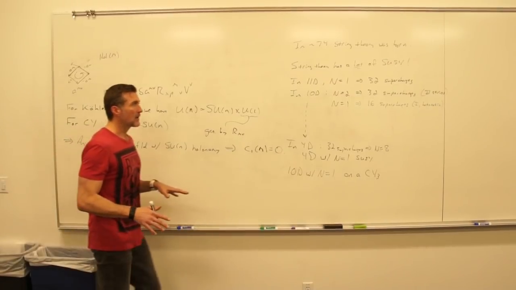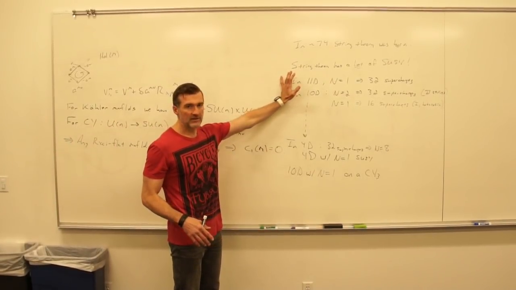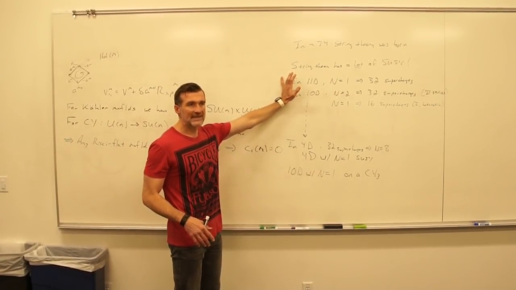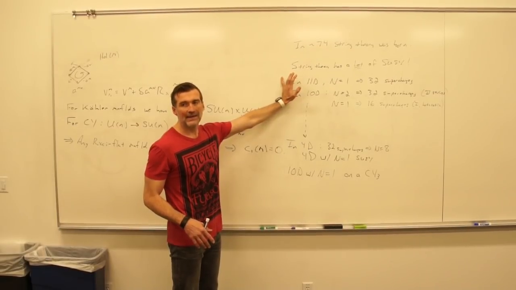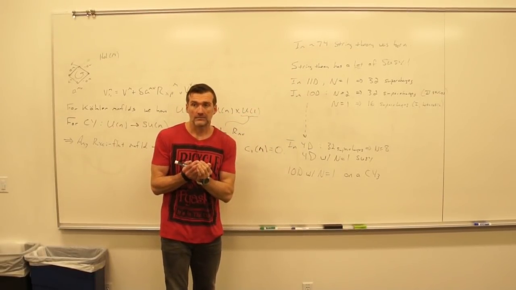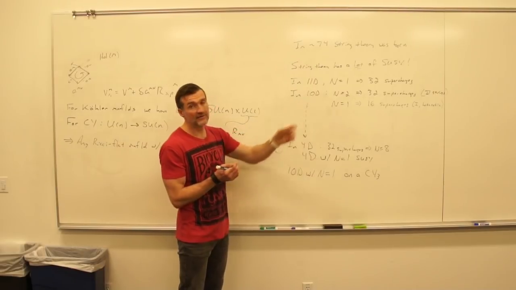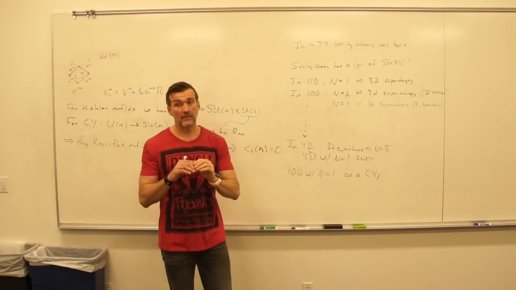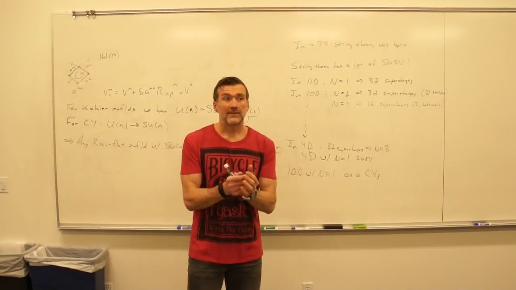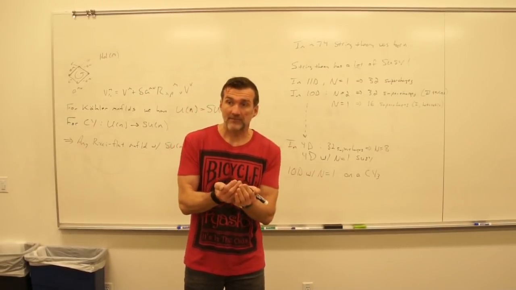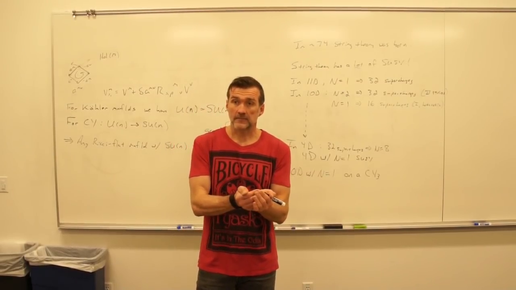String theory came along, and of course, it is plagued with extra dimensions. So the standard explanation is the ones we can't see are small. If strings live in 10 and we see 4 big ones, then that means 6 of them are small. But then you have to figure out, what's the shape of that small 6-dimensional space?